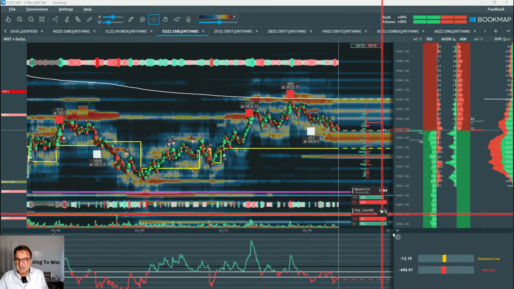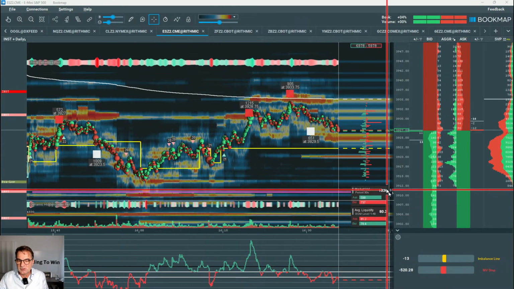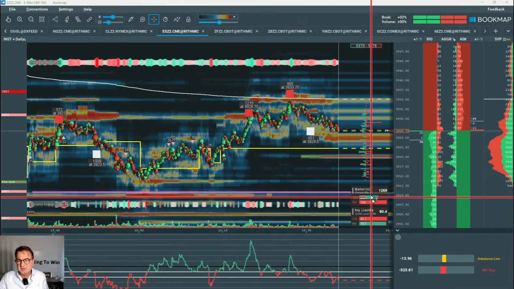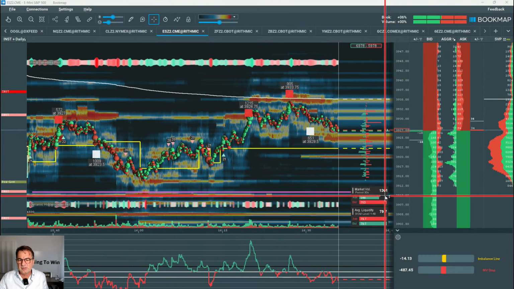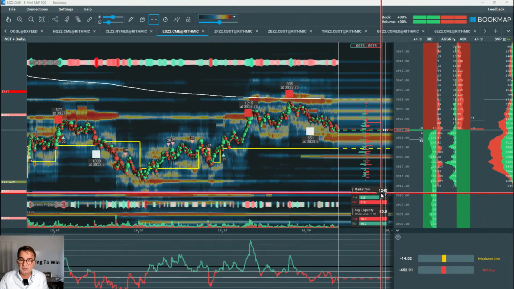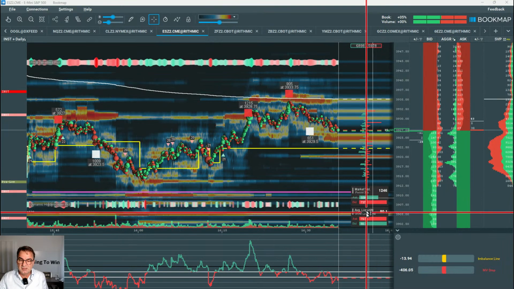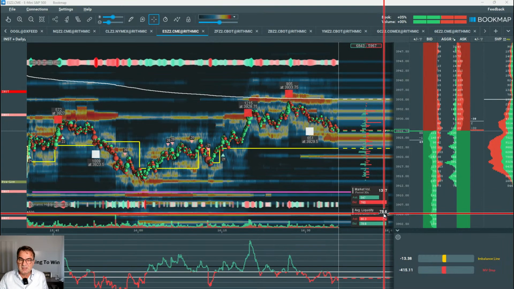So you see, based on market volume meter and liquidity, that's the very average of every day. So the market volume for ES, for example, is 1,300 here, and the average liquidity is 70, 80.